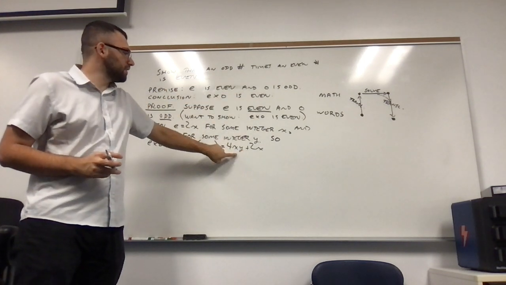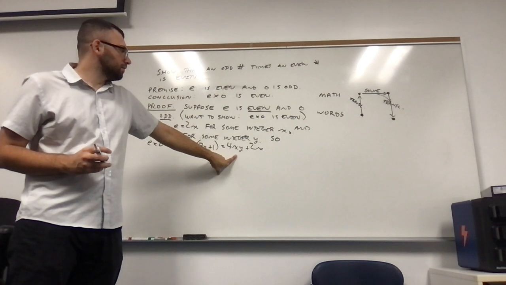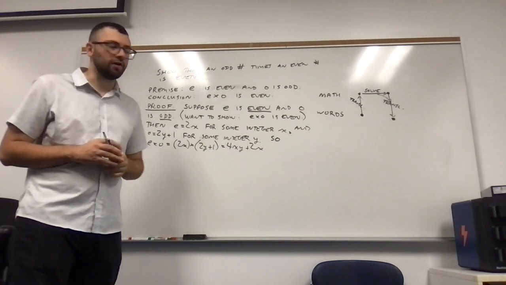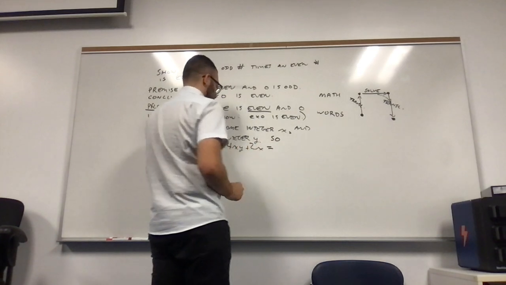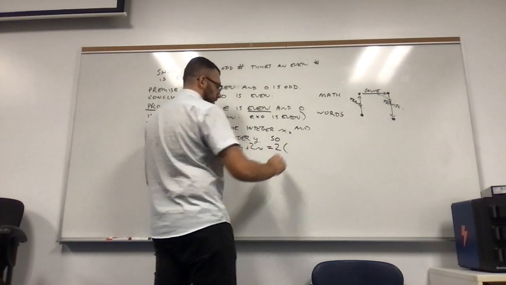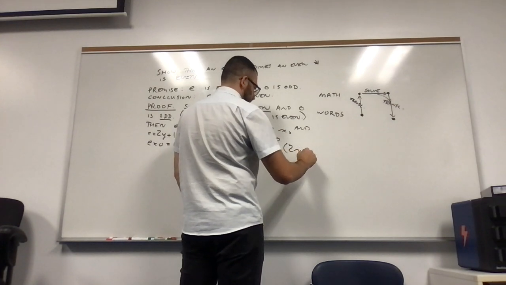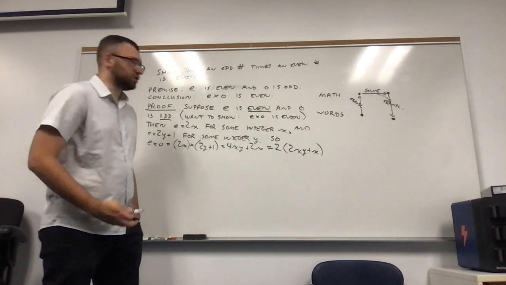The ending we want to show is that this is even. So we want to show that this number is even. Well, is it even? What does it mean to be even, right? A number is even if you can write it as 2 times some integer. Well, this is 2 times 2xy plus x. So it's 2 times some number.